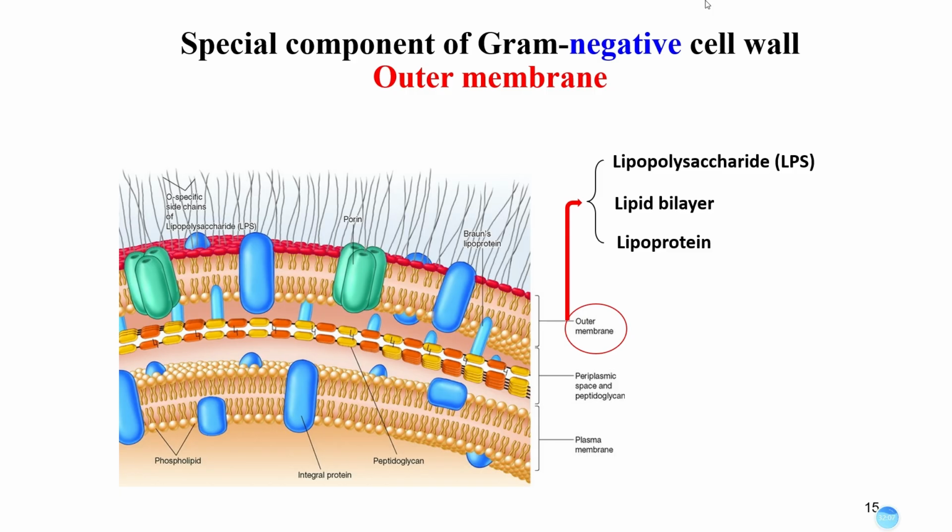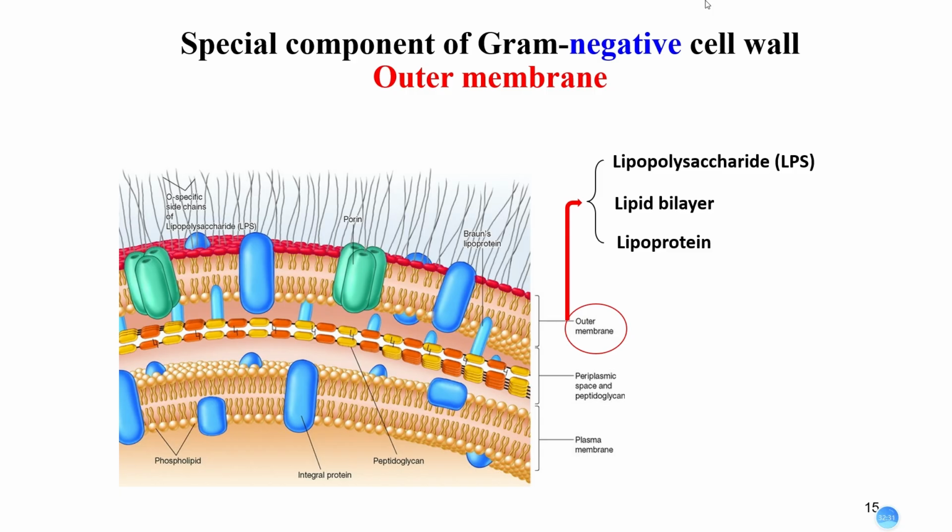On the outer membrane, you can see that the outer leaflet and the inner leaflet are different. See here, the color. The inner leaflet here is made up mainly of phospholipids, like this one.